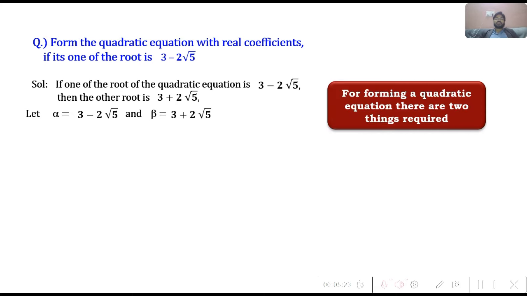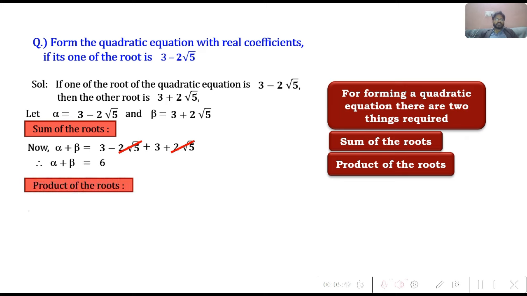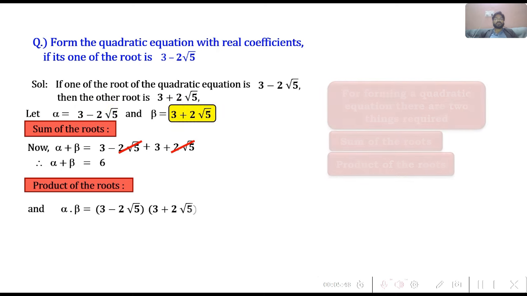So to form the equation, we know that we require two things: sum of roots and product of roots. So sum of roots alpha plus beta is equal to 3 minus 2 root 5 plus 3 plus 2 root 5. That is, 2 root 5 and 2 root 5 cancel. Alpha plus beta is equal to 6. And product of roots alpha into beta is equal to 3 minus 2 root 5 into 3 plus 2 root 5.